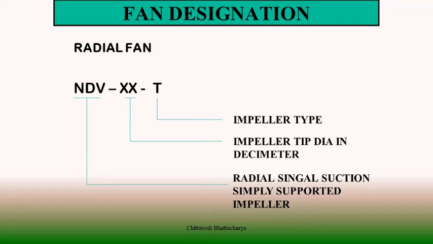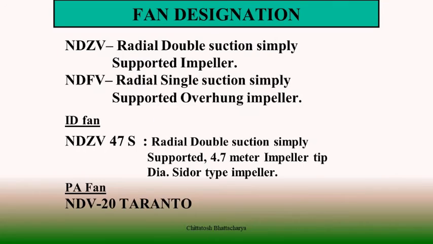If it is radial double suction type, simply supported impeller, then it is called NDZV, and similarly tip diameters may be there. And if they have a cantilever type of arrangement, overhang impeller and radial single suction, then it is called NDFV. So this way we find the nomenclatures for radial fans.